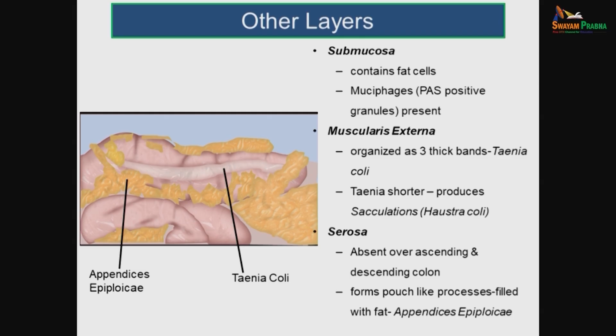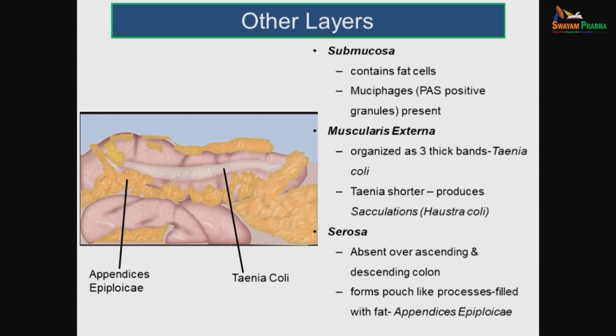Wherever some parts of the circular layer are getting infiltrated by the outer longitudinal layer, the portion of the large intestine between these insinuations acts independently. It will contract independently.